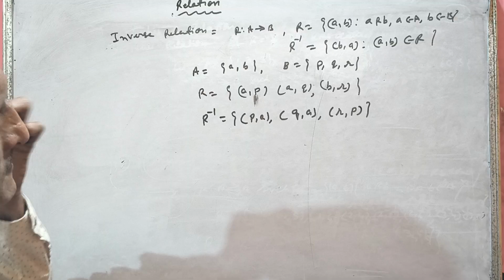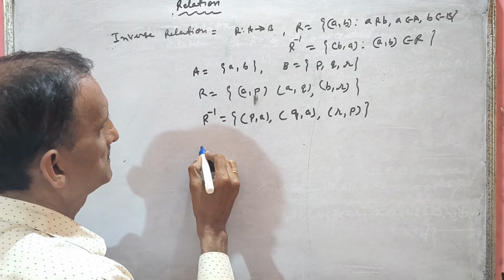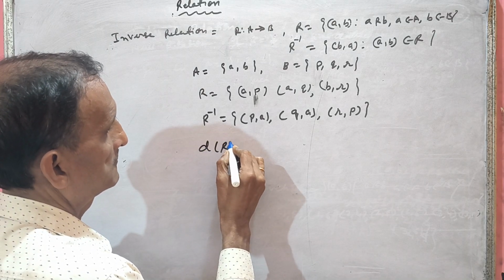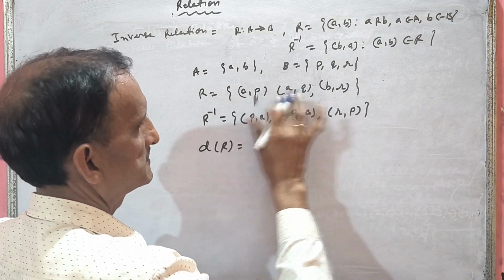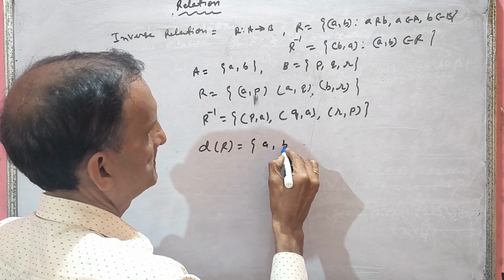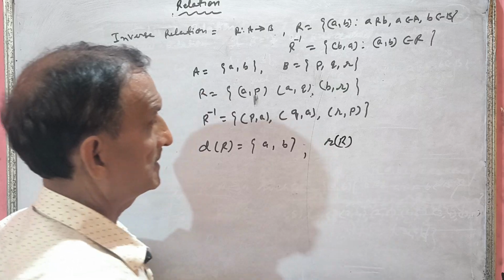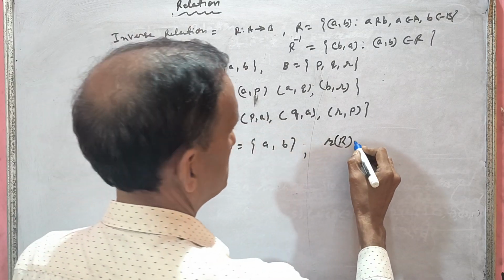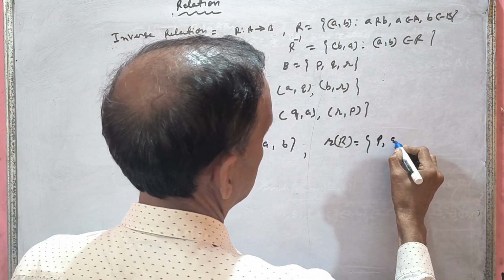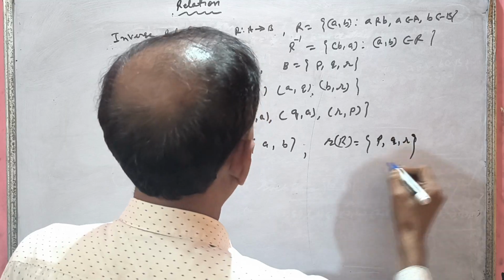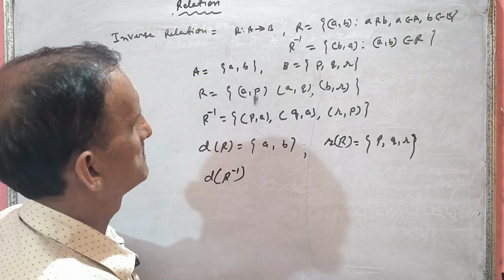What is your observation now? Do you remember domain and range? Talking about the domain of R, what is the domain of R? In this particular example, we have a, b. What is the range of R? The second components: p, q, r. Now find the domain of R inverse.